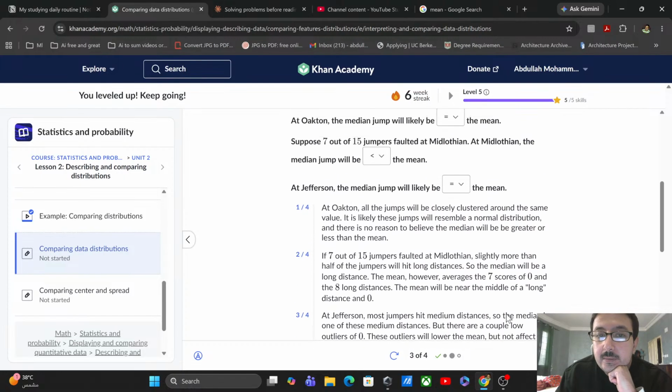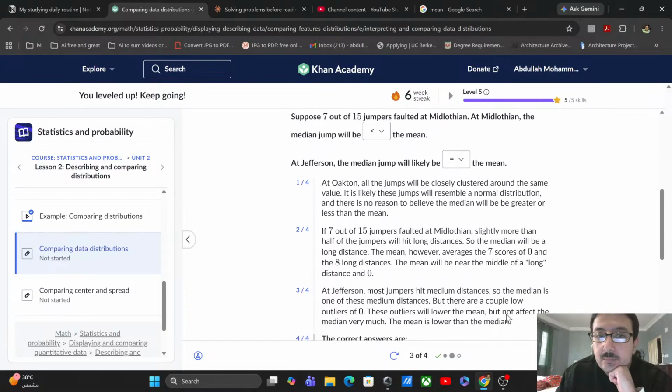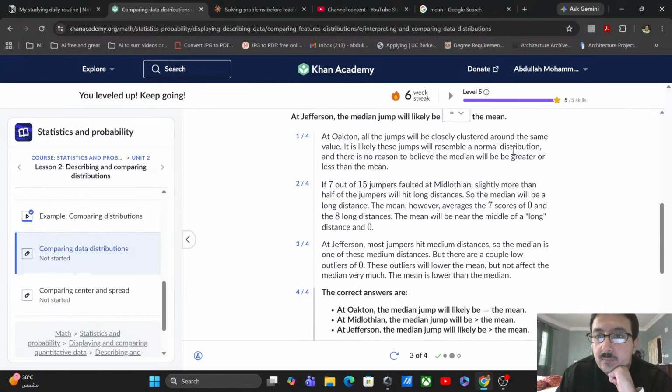Tell me why. Shouldn't the median be greater than the mean?